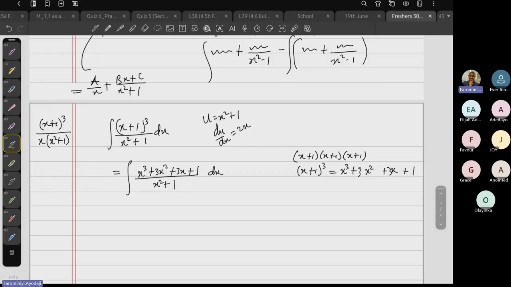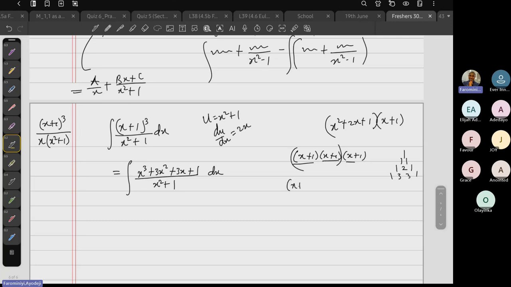So we started with expanding x plus 1 cubed. To expand it, you can do x plus 1 times x plus 1 times x plus 1. You do these two first, you get x squared plus 2x plus 1, and you multiply it with x plus 1. Or you can use Pascal's triangle: 1, 1, 1, 1, 2, 1, 1, 3, 3, 1.